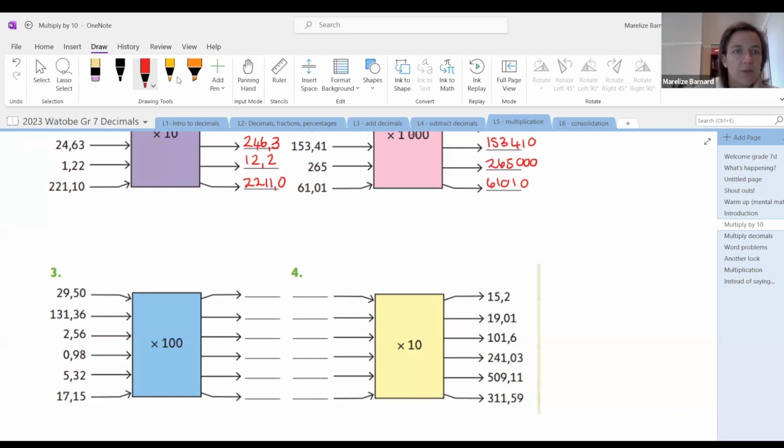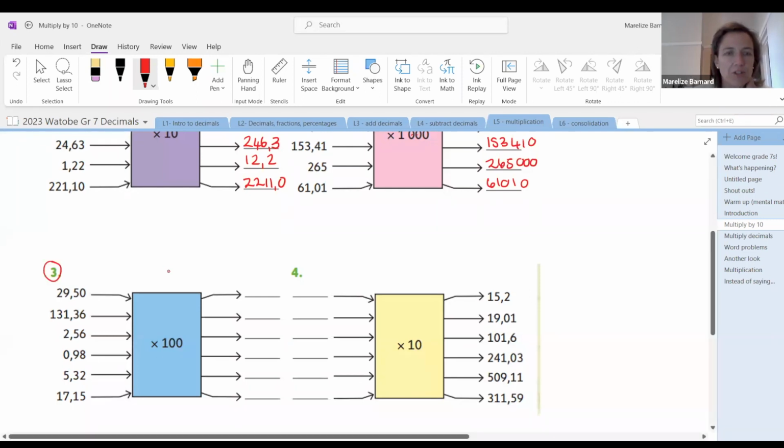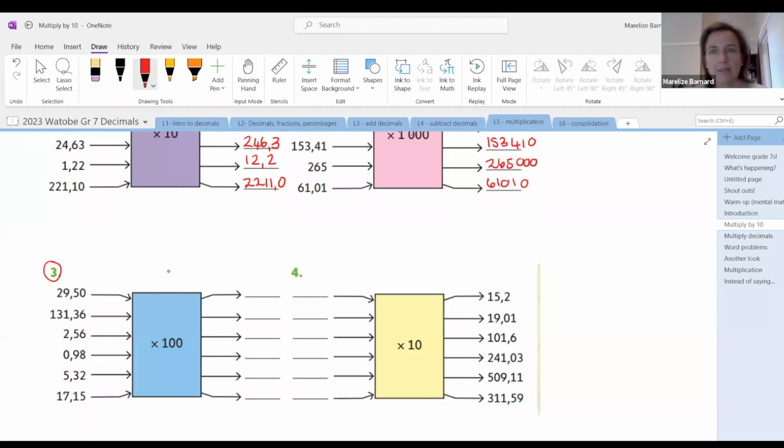Let's do the 100 quickly. I'm going to leave you again for about a minute. Work out the answers for 3 on your own, and then we'll check back in about a minute. So we've done 10, we've done 1,000, and now we're doing 100. We skipped the 100 and went straight to 1,000, and now we're doing 100.